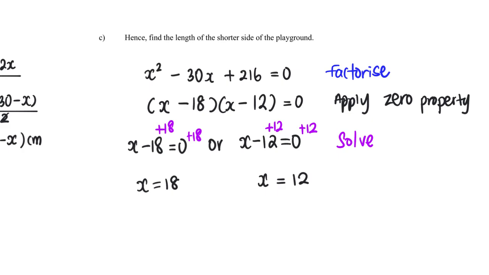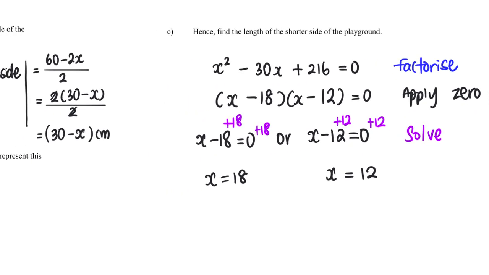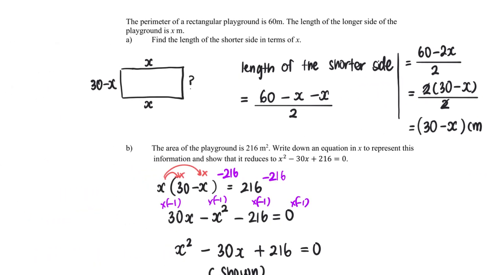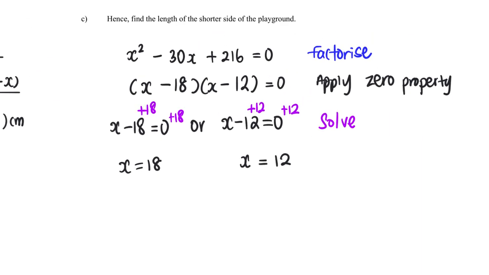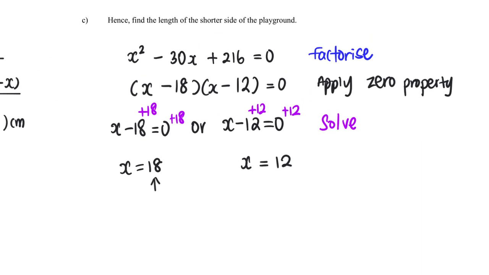And now that I have the values of x, I need to consider which can be the answer. And when I go back to the question, what did they tell us? They tell us x must be the longer side. That means this is actually the longer side.